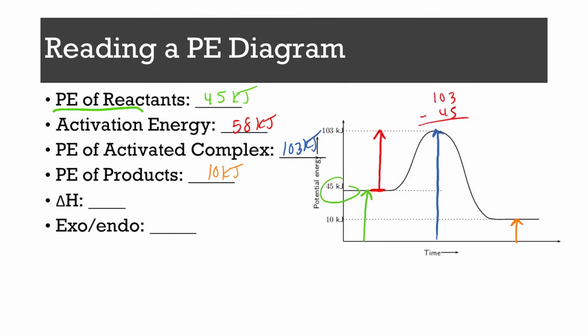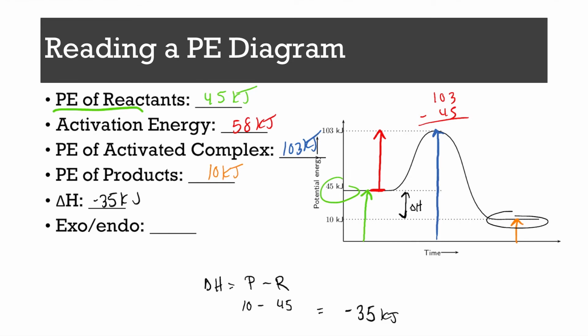Now, the more complicated part is delta H, and delta H is this middle section in between your products and your reactants. Now remember, delta H is product minus reactant. So our product is 10 kilojoules. Our reactants are 45 kilojoules. So 10 minus 45 is negative 35. So that's how we get our delta H.